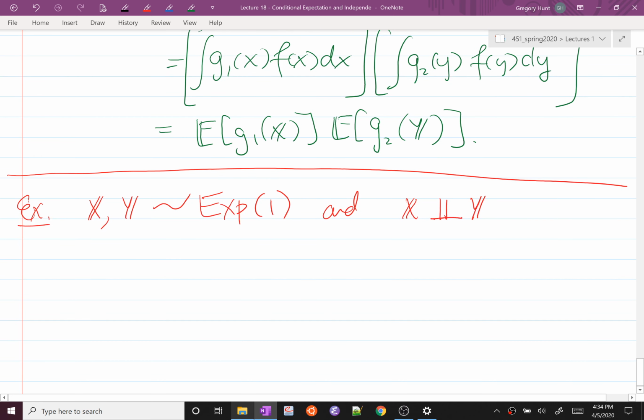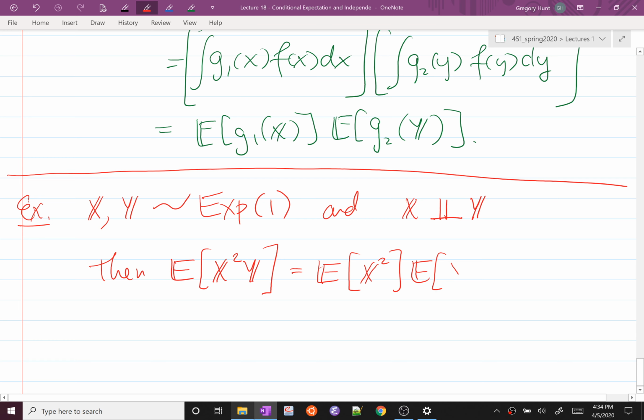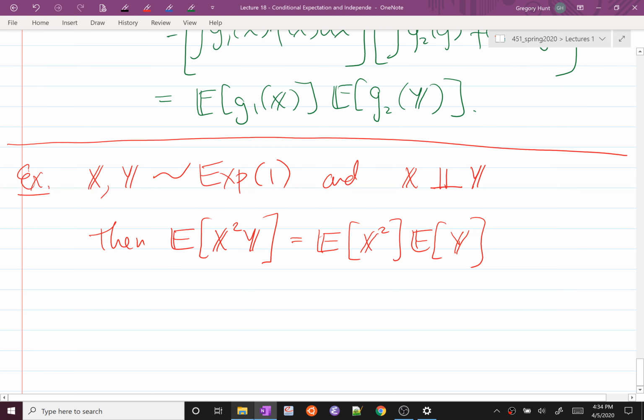We can look at the expected value of x squared y. Now we know how to do this, but our theorem says that this can be factored, and so really it's the expected value of x squared times the expected value of y.